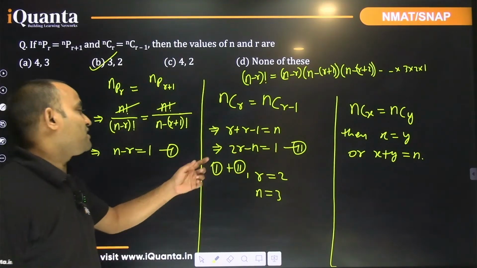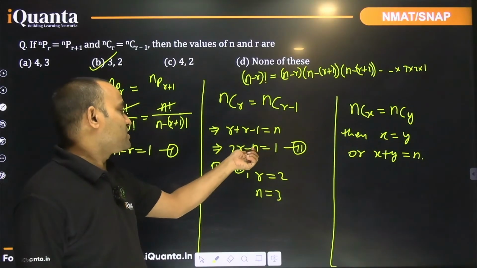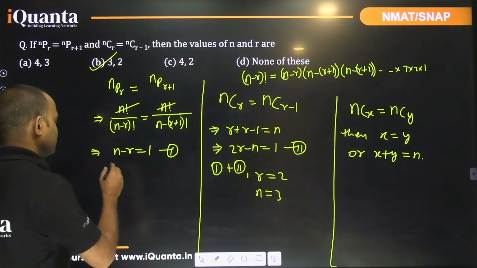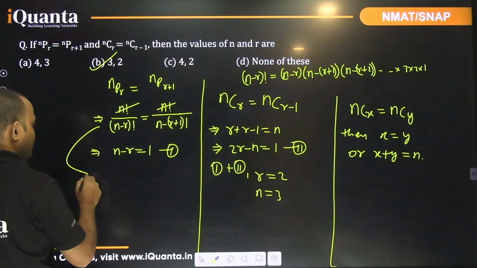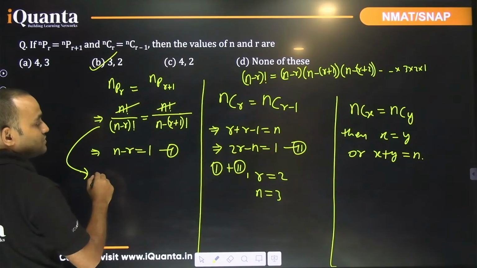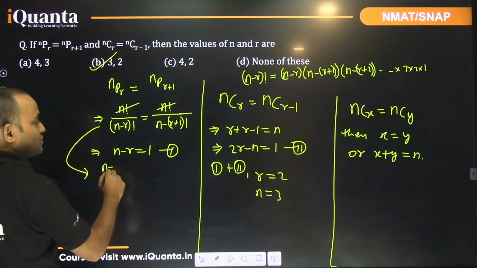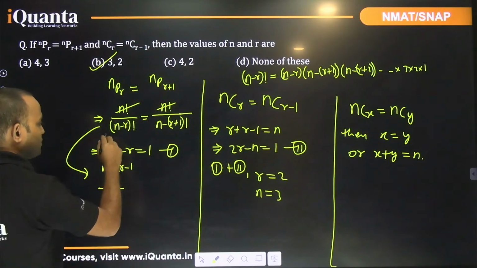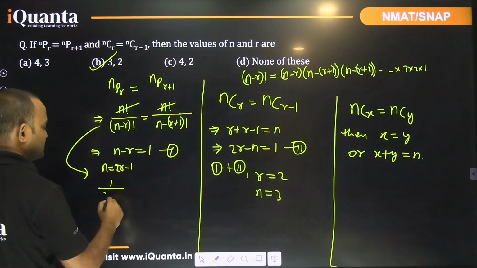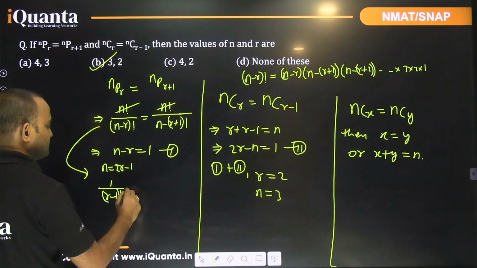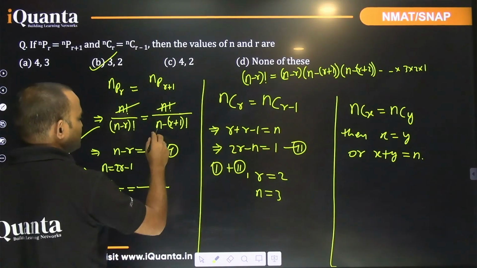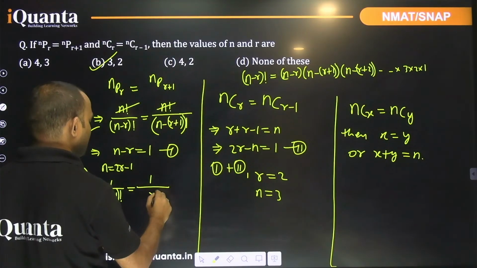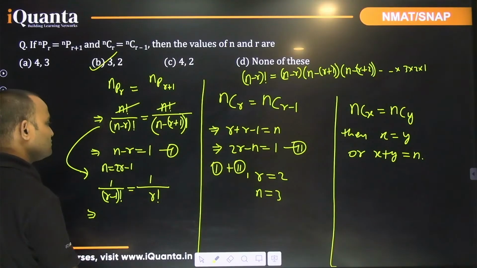You can also take the value of n from here, that n is equal to 2r minus 1, or you can put it here. Like if I put n is equal to 2r minus 1, what will happen? 1 upon 2r minus 1 minus r, r minus 1 factorial is equal to 1 upon 2r minus 1 minus r minus 1, r factorial.